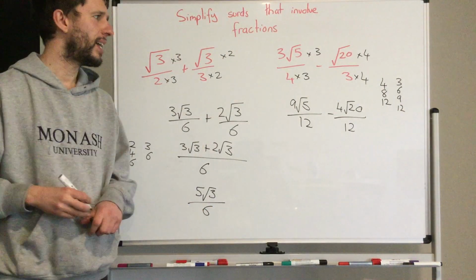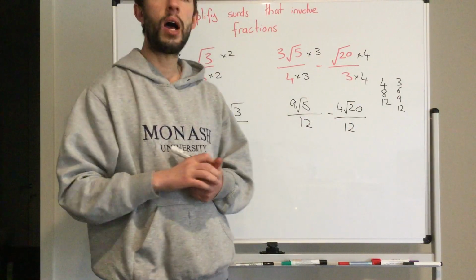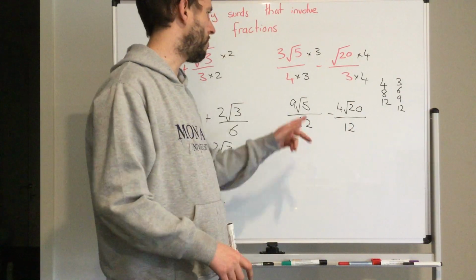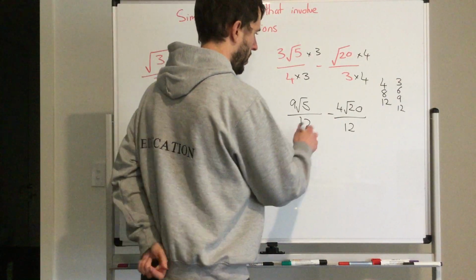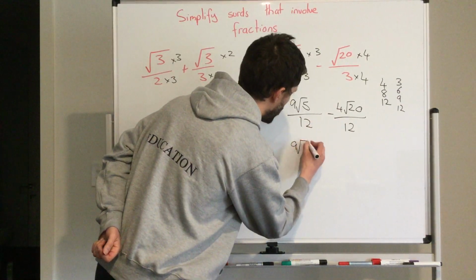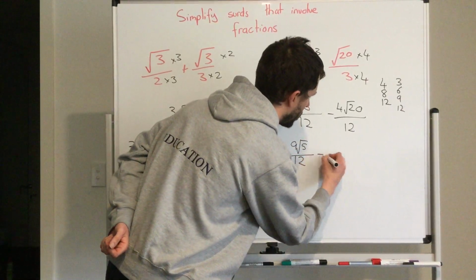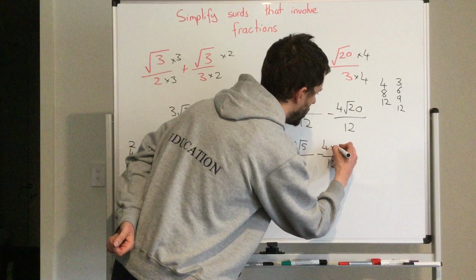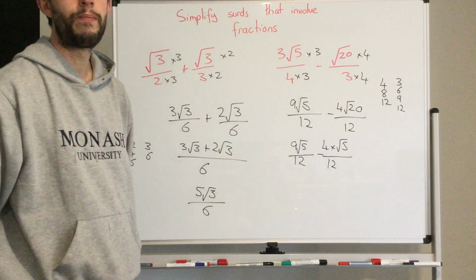Now, before we get started, I want you to think about the square root 20. I want us to have a like term. So the like term will be the square root of 5. So to do that, I'm going to rewrite this, and I'm going to put 4 times the square root of 5. 5 times what equals 20? 4.